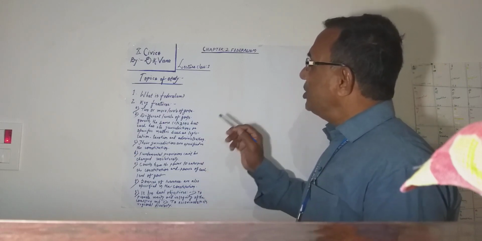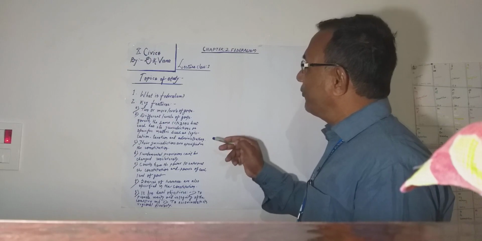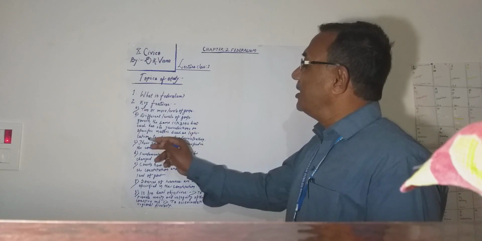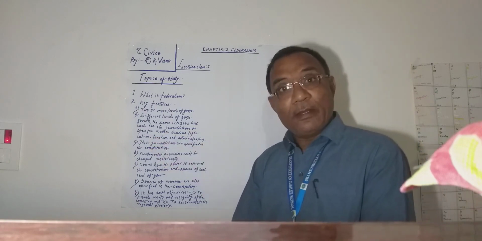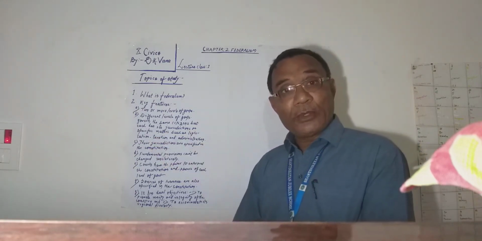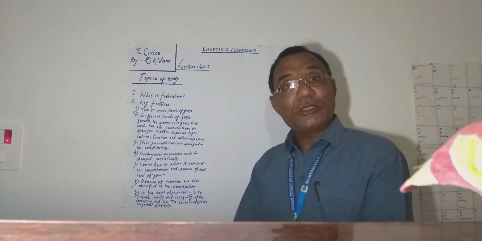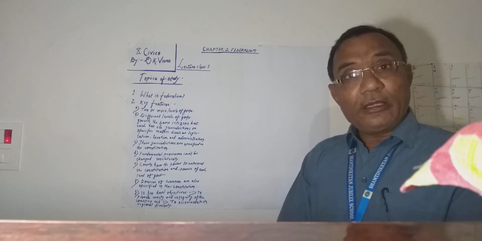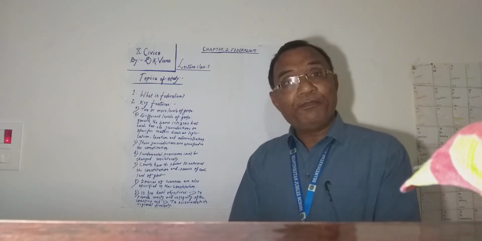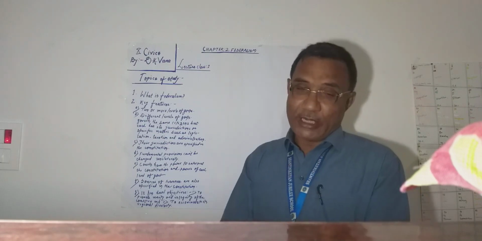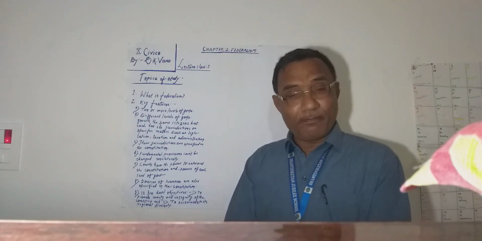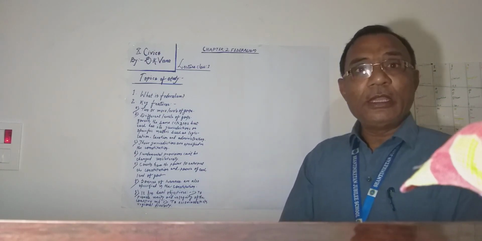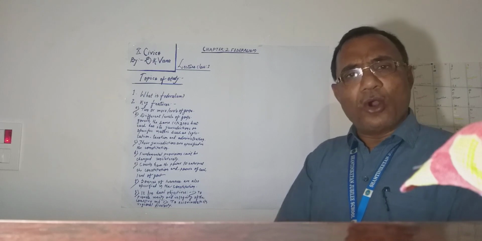Students, those subjects of work for each level of government are legislation. Legislation means law making. Central government makes laws on specific matters which are of national importance, like banking, currency, railway, communication, and so on.